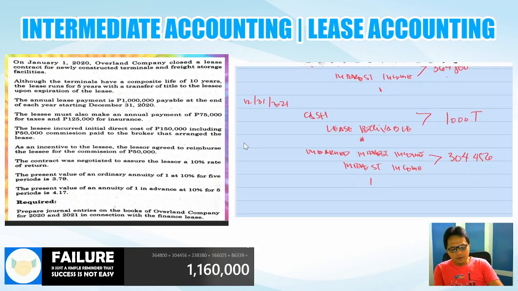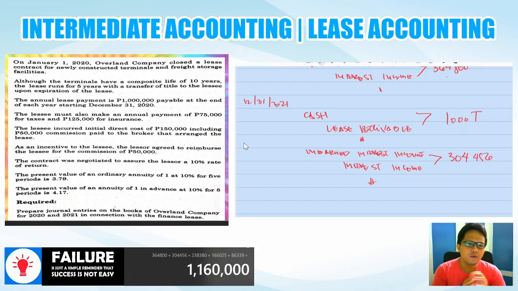So again, it is easy if we know the concept of the effective interest schedule. Always remember that if there are factors affecting the computation of your net investment, or basically, the correct term is that if there is an indirect cost paid by the lessor, then the implicit rate is generally affected.